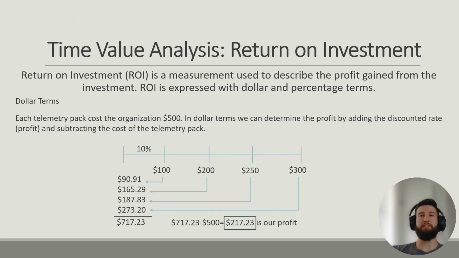The organization is going to see their cash flow and their discounted rates over the years to develop a return on investment plan. So the return on investment is a measurement used to describe the profit gain from the initial investment. Here I have dollar terms, and the next slide I will show you in the percentage terms.